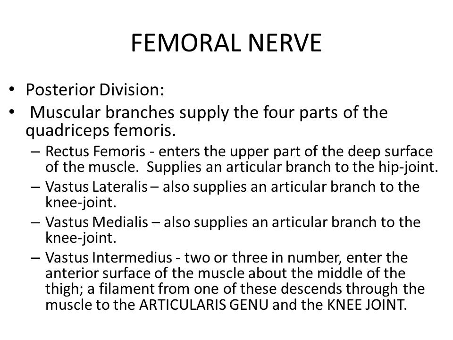From there, we have the posterior division, and the posterior division gives off muscular branches that supply the four parts of the quadriceps. The branch to the rectus femoris enters the upper part of the deep surface of the rectus femoris muscle. So you can imagine that at that point the femoral nerve is quite deep, traveling just in front of the femur. From here it also sends out an articular branch to the hip joint.